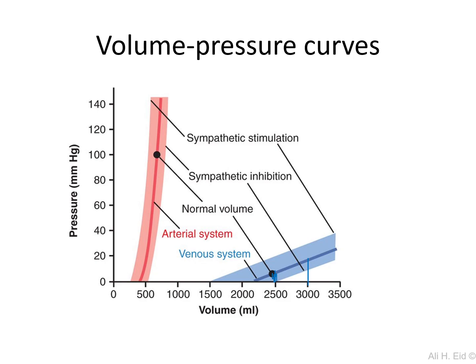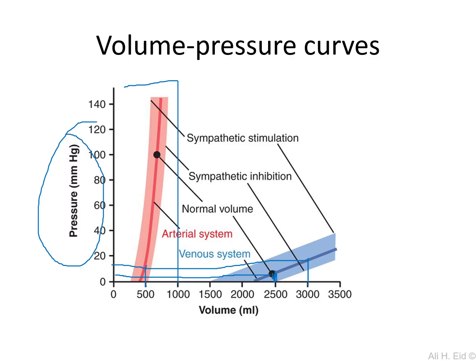What's going to happen to the pressure? Let's look at the y-axis. That's the delta P. Now try to do that with an artery if you could. Let's see if we can increase by 500. That cannot happen. You can see how much change is going to happen to the pressure.